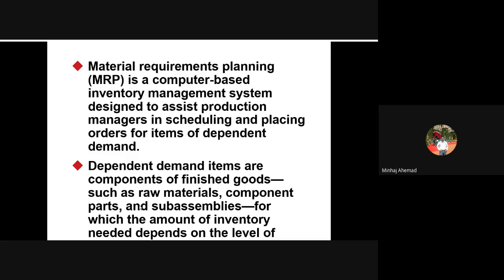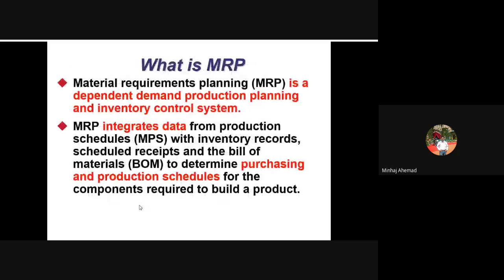So dependent items are components of finished goods, such as raw materials, components, parts, and sub-assemblies, for which the amount of inventory is needed. So MRP is a dependent demand production planning and inventory control system.